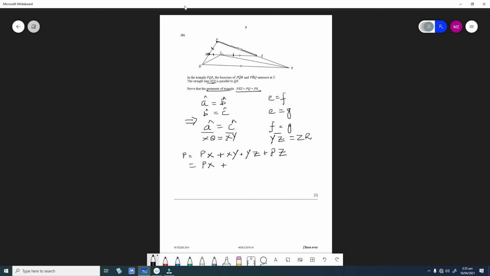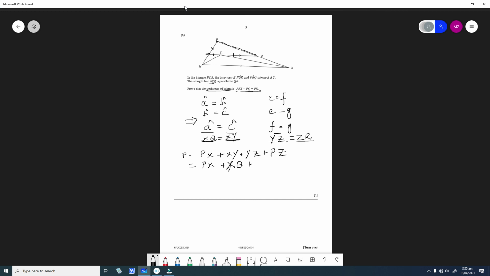XY we have to replace with XQ, because we have already proven that XY is equal to XQ, plus YZ. Now we have proven that YZ is equal to ZR.